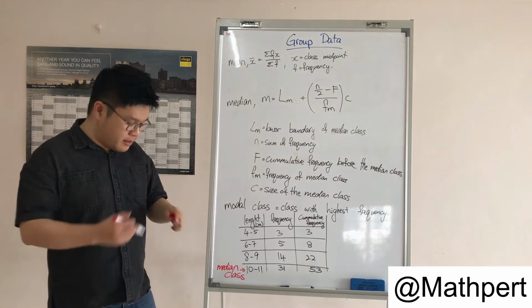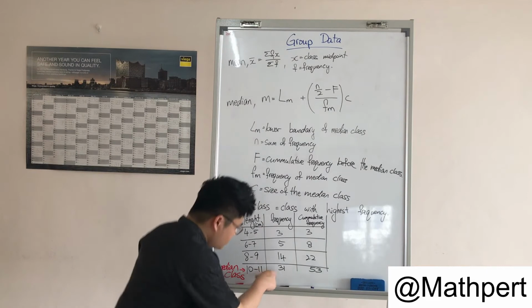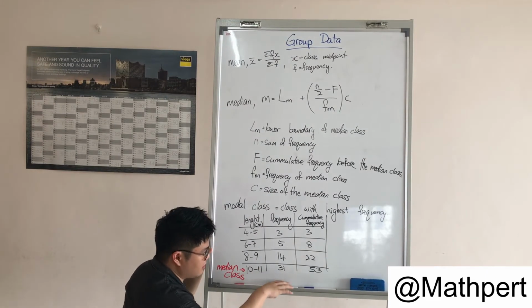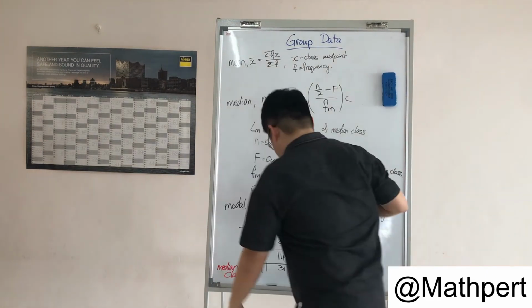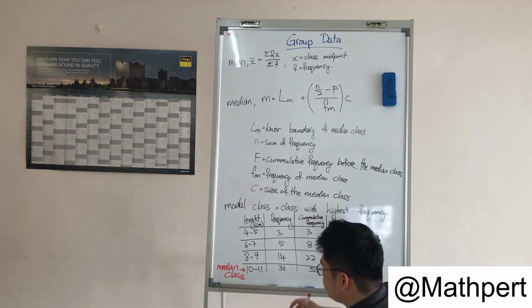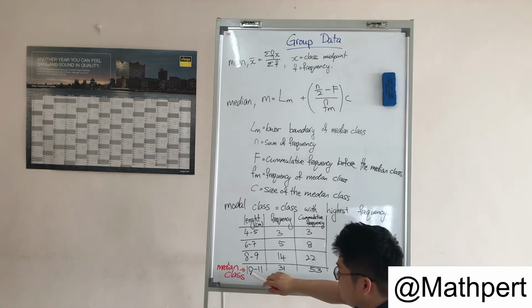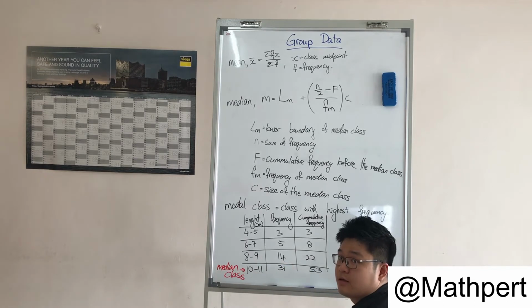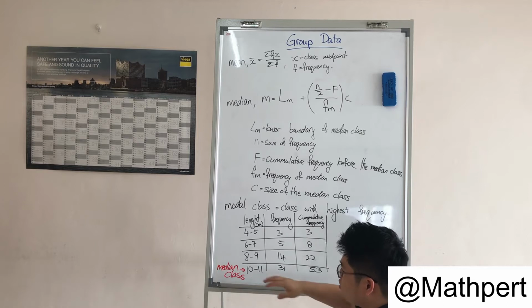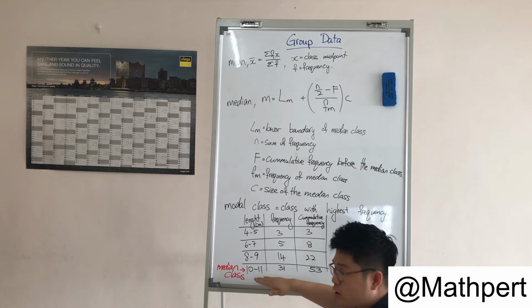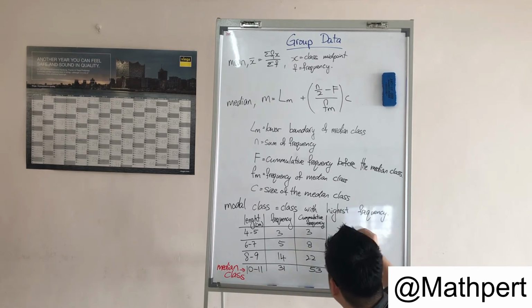The lower boundary means that I put it here. Okay, you can see there is a gap between 9 and 10. So in order to get the lower boundary and the upper boundary of this class, this will be 9.5 to 11.5.